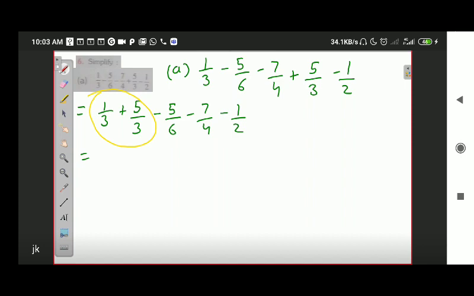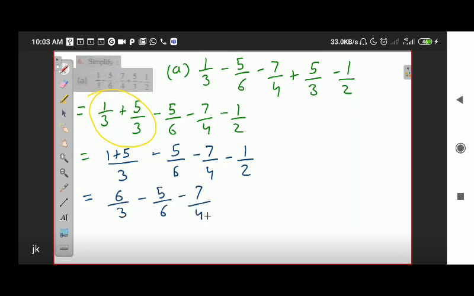This will be common denominator 3, and 1 plus 5, minus 5 upon 6 minus 7 upon 4 minus 1 upon 2. Okay, so this is 6 upon 3 minus 5 upon 6 minus 7 upon 4 minus 1 upon 2.